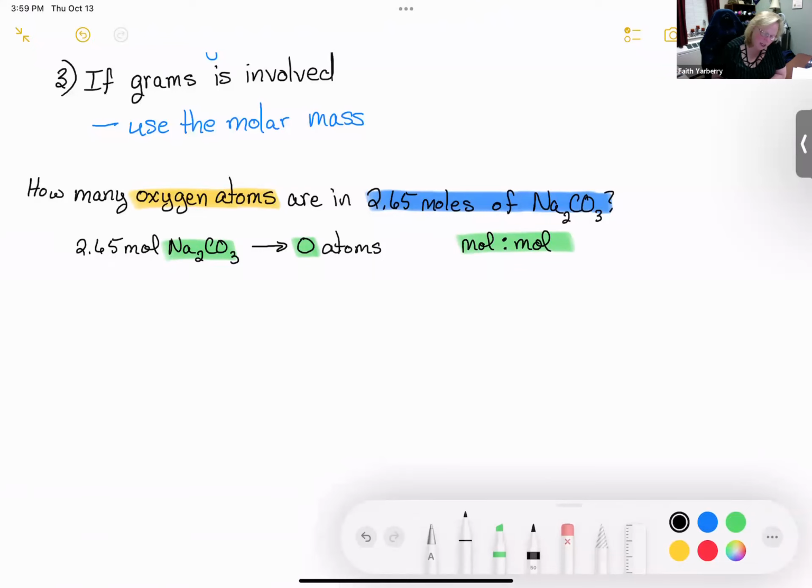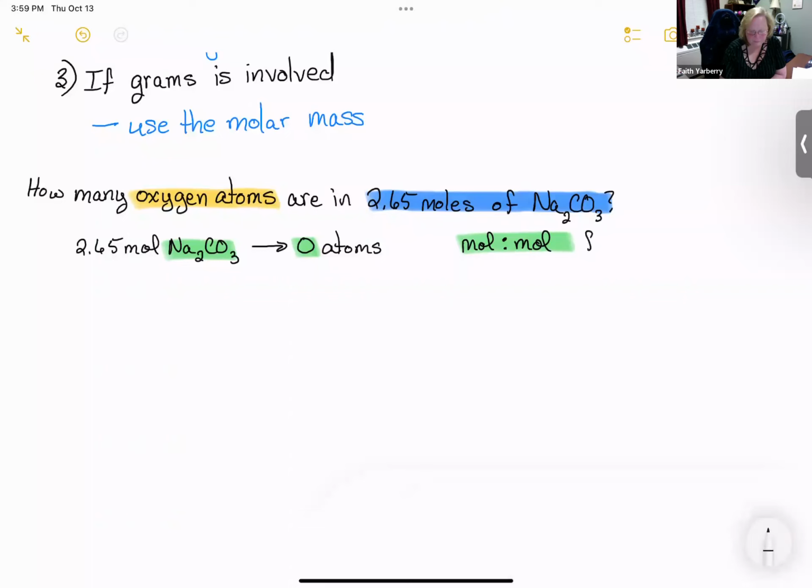The mole to mole ratio is going to come from the formula. And basically, by looking at this formula, for every 1 mole of sodium carbonate, you have 3 moles of oxygen.